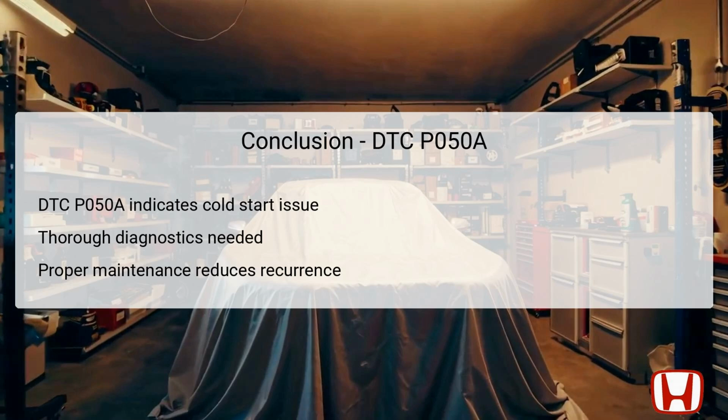Addressing this code requires a systematic approach to diagnostics, starting with thorough checks of system components such as the intake air duct, air cleaner housing, and the throttle body. Identifying additional DTCs is also crucial before isolating and addressing the P050A code. Following a structured troubleshooting path ensures that all contributing factors are considered.